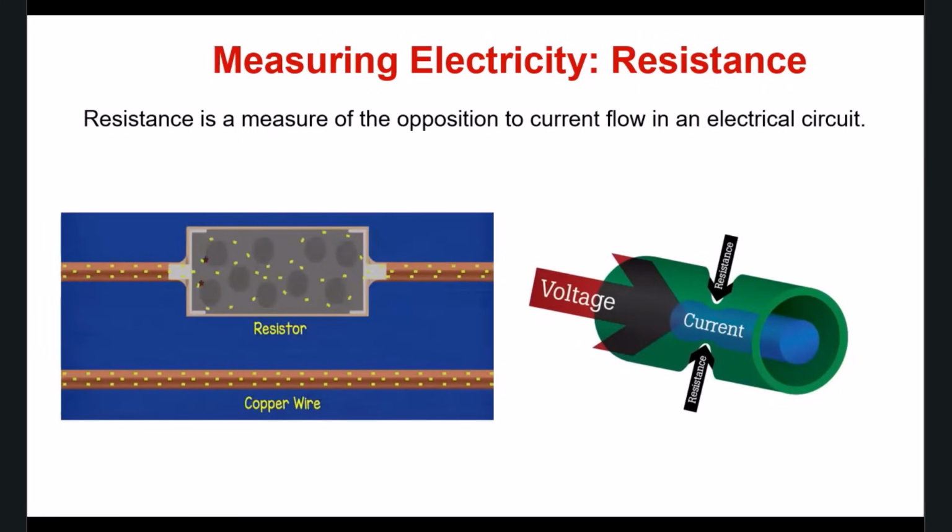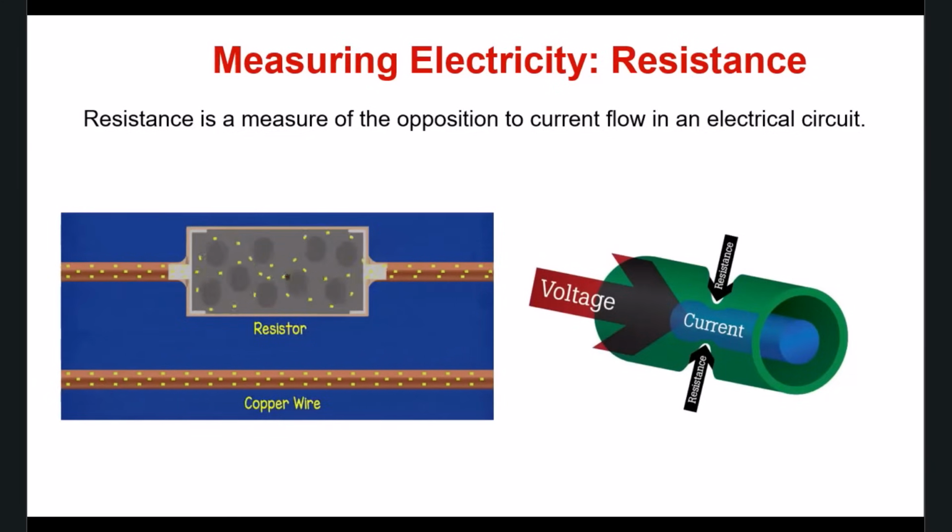Here, when we observe this, you can see that the electrons on the copper wire are moving freely. Now, if we attach some resistor, a resistor is basically a device which offers resistance in the circuit.